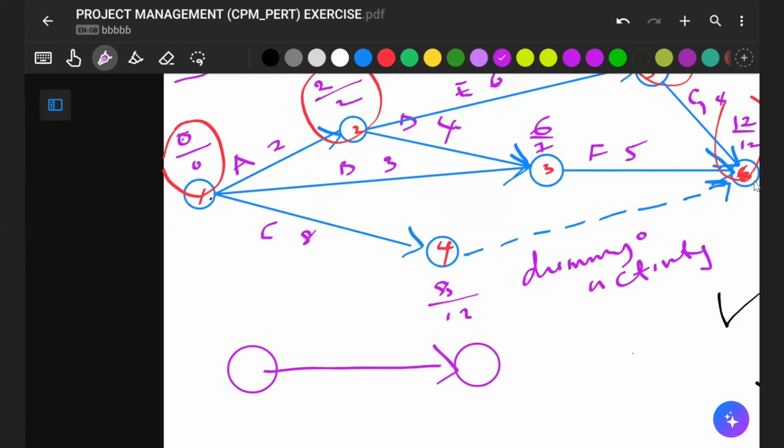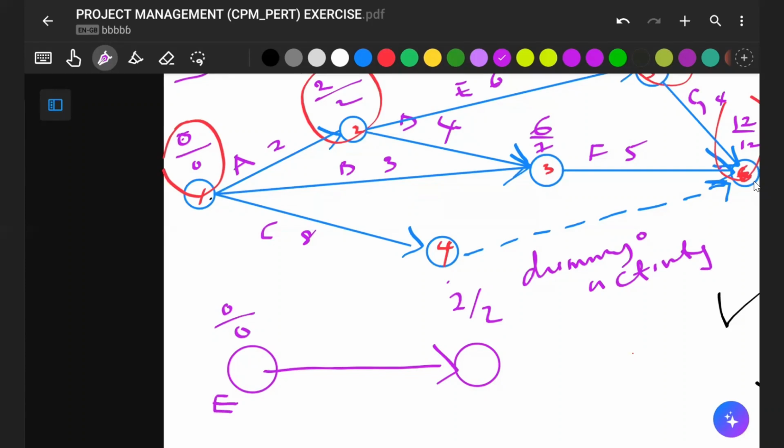Already we have 0 over 0. On the tail end of it, for the purpose of this my explanation, I'm going to delete this for now. Now we have here 2 over 2. Take note, the numbers on top, the upper number, are your earliest times.